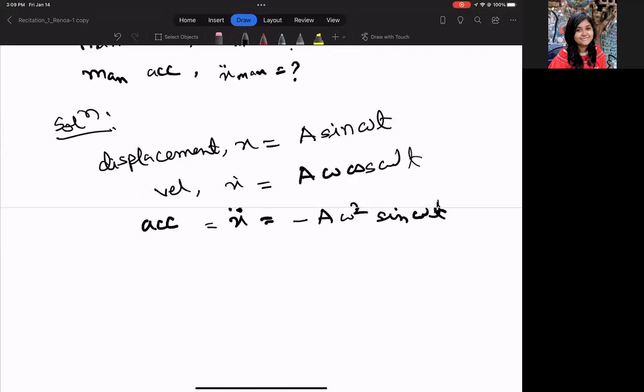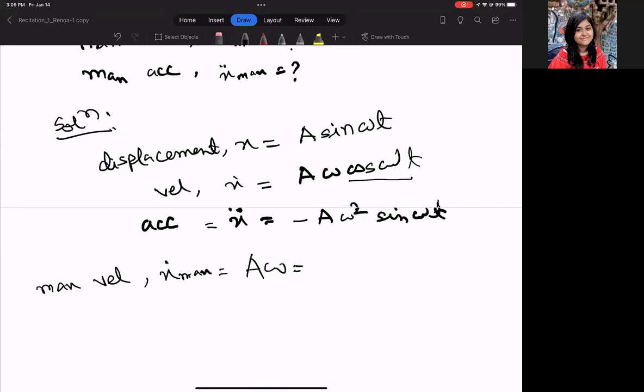The velocity will be maximum if this cos omega t becomes 1.